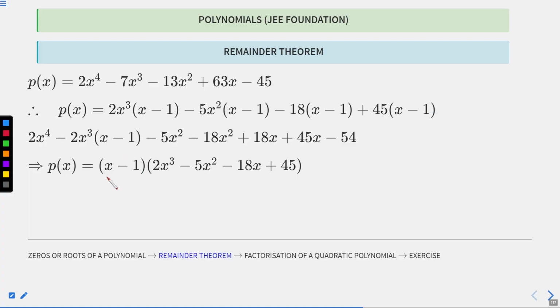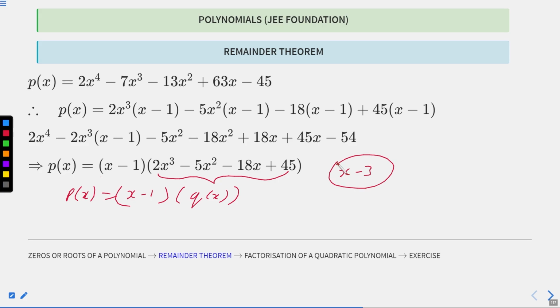As I already told you that this x minus 1 is my factor, this means p of x is equal to x minus 1 times some other polynomial. So some other polynomial is here. We have already seen that there is another factor which is equal to this.